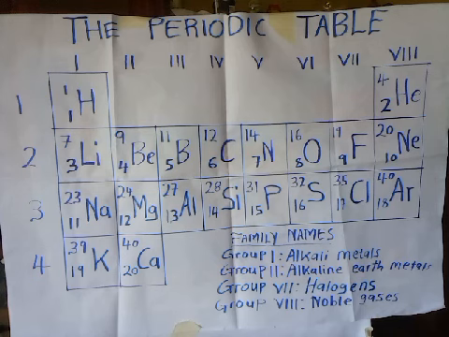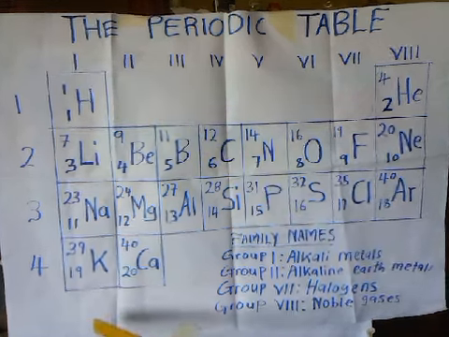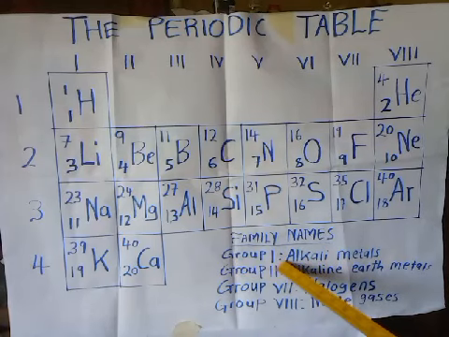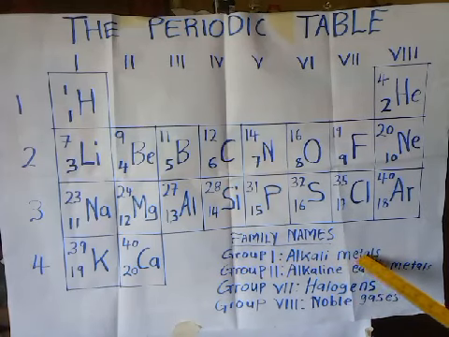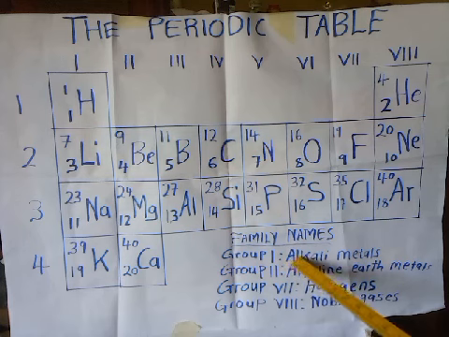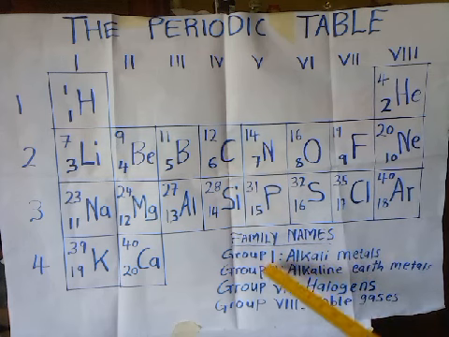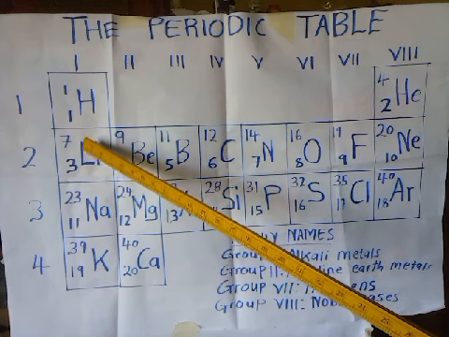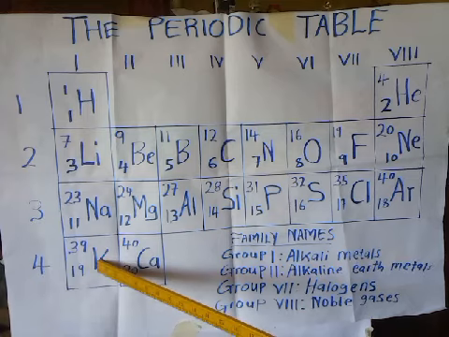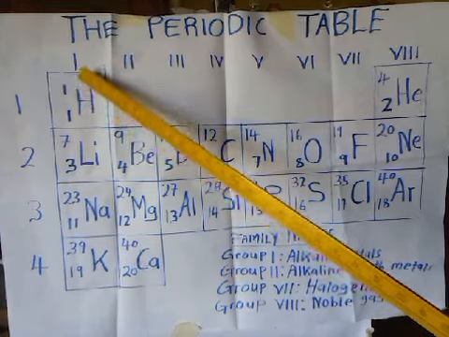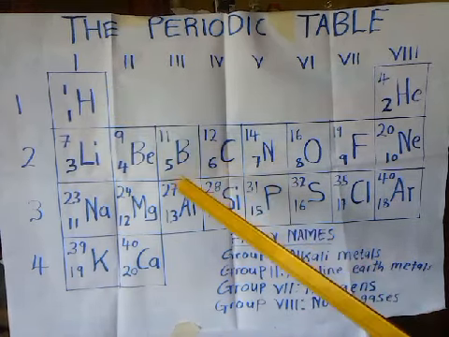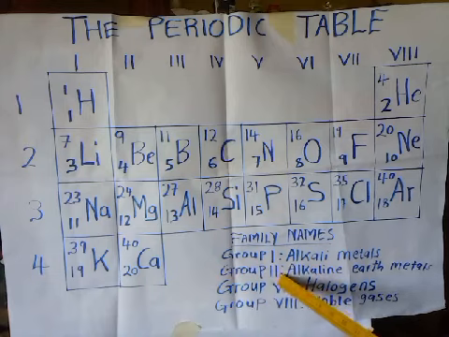That is according to our syllabus. So group 1 elements, they are called alkali metals. That means their special name is alkali metals. When you say alkali metals, we are talking about lithium, sodium, and potassium, except hydrogen.